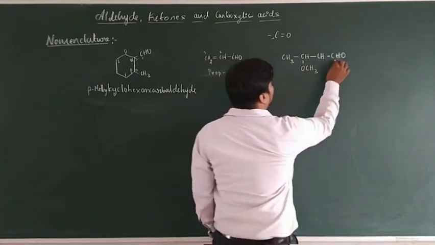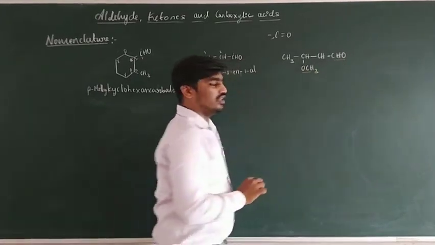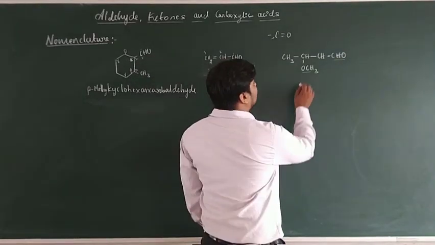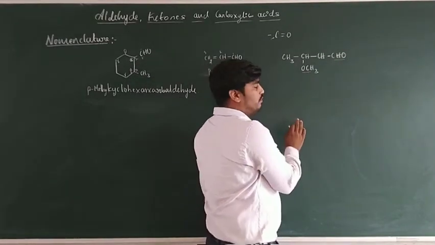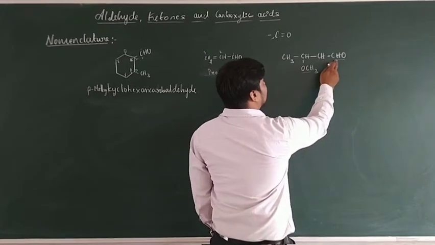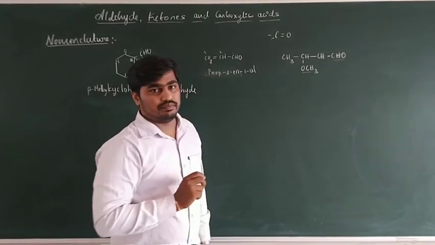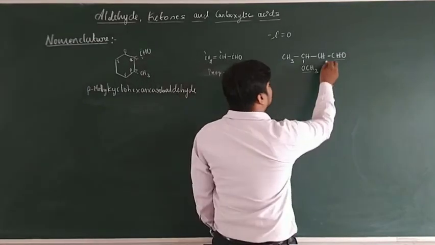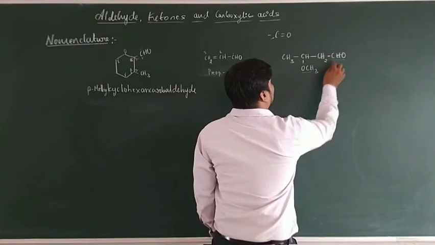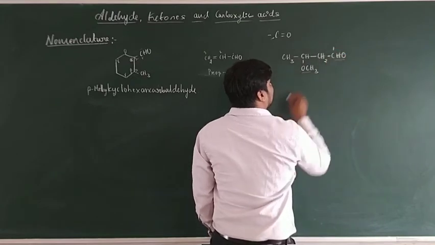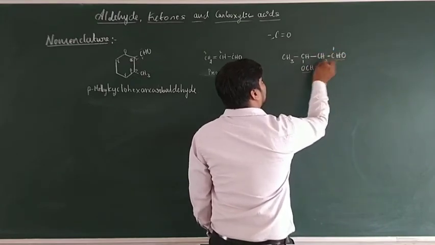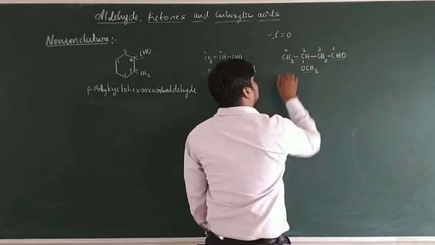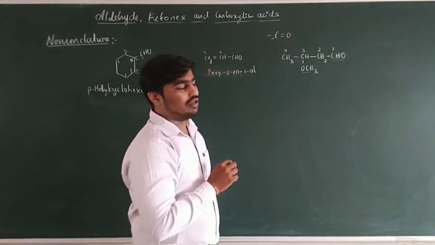One is aldehyde, another one is methoxy. Methoxy becomes a substituent, because of that reason this is the prefix, and the aldehyde is a higher priority functional group. Therefore, it is the first carbon, numbering the carbon in this way: 1, 2, 3, 4. This is the longest chain.